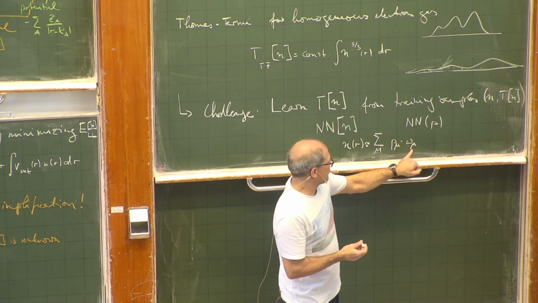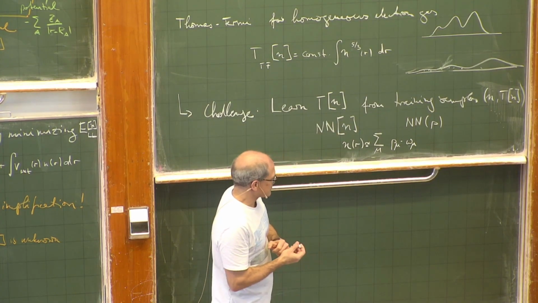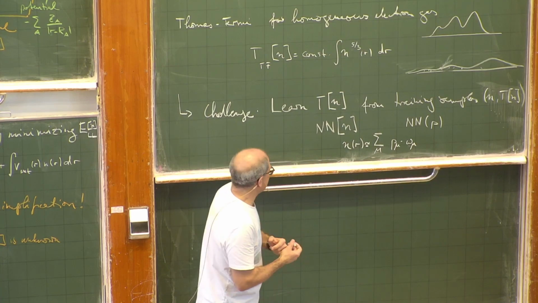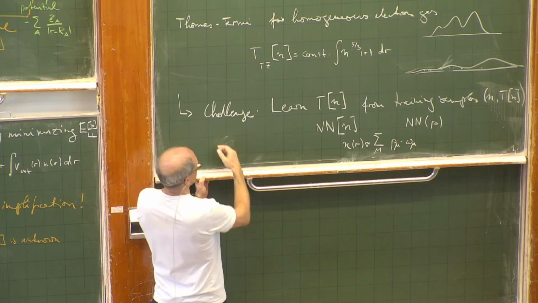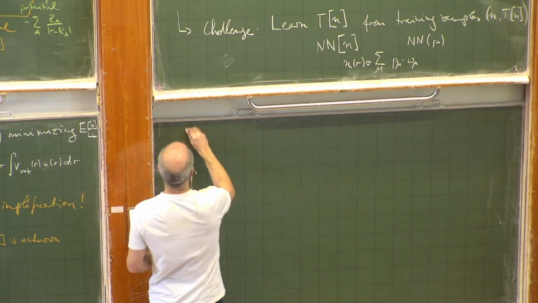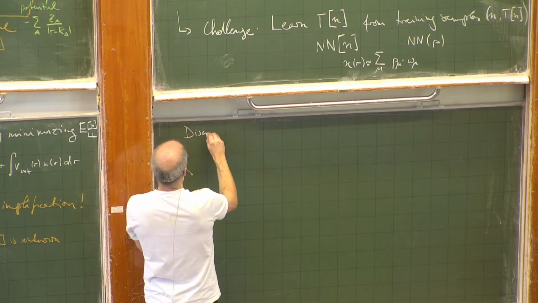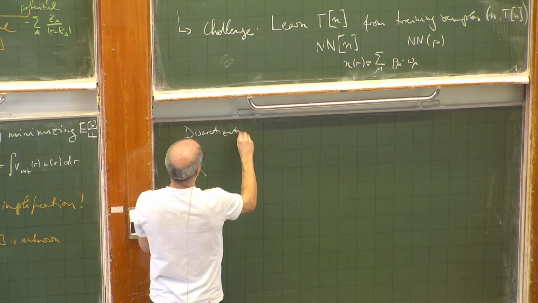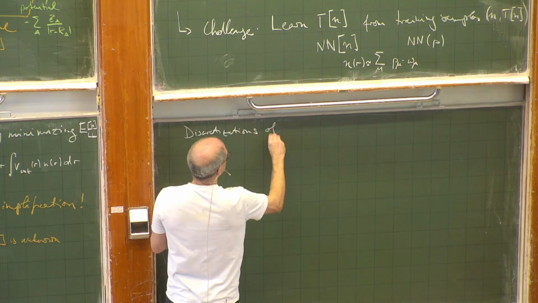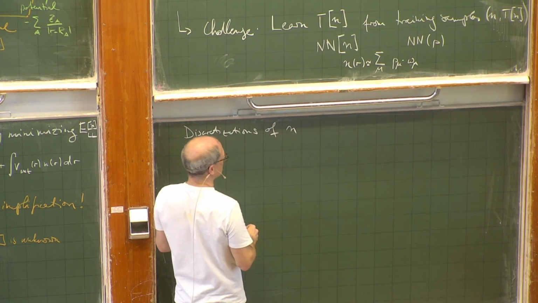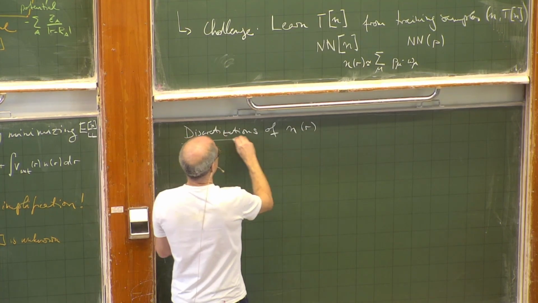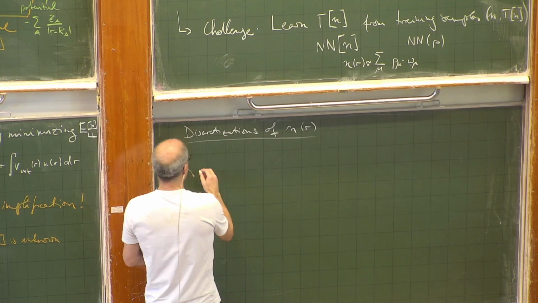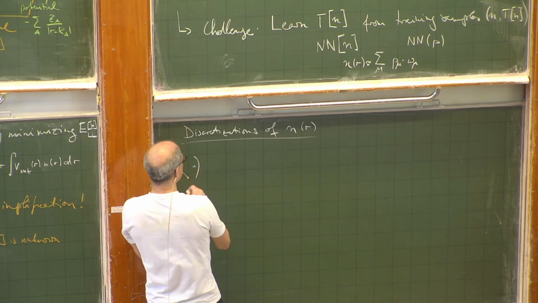Now, there's still the question of what do these basis functions look like? Discretizations of the density. And let's discuss different options.